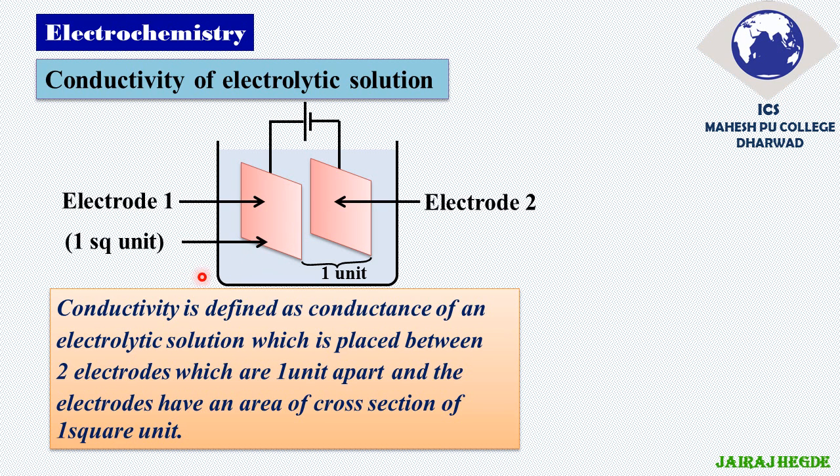Let me repeat it. Conductivity is nothing but the conductance when length and area are in unity. If length and area are in unity, it might be 1 centimeter and 1 square centimeter, 1 meter and 1 square meter, we call that conductance the conductivity of the electrolytic solution.